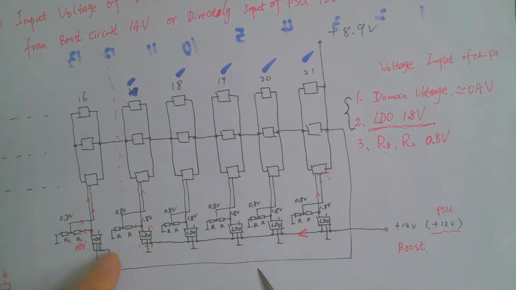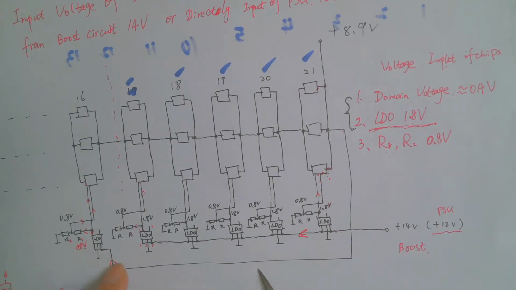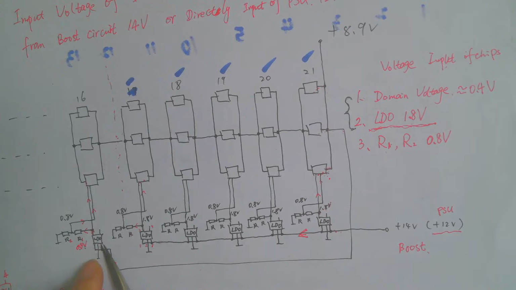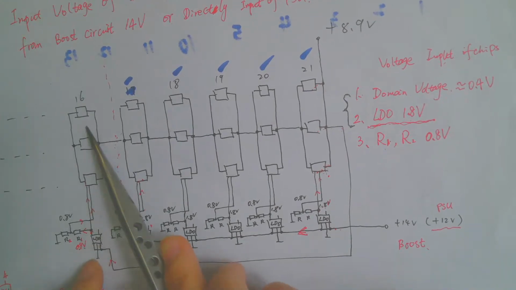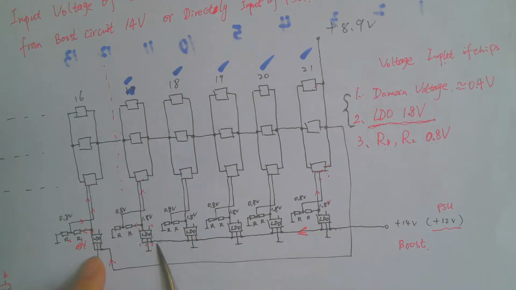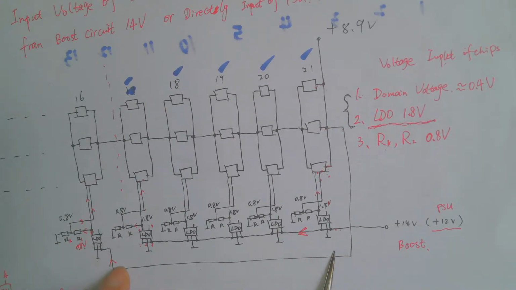You can see from this diagram the difference for the LDO circuit in domain 17 and domain 16. The difference is that the input voltages are different.